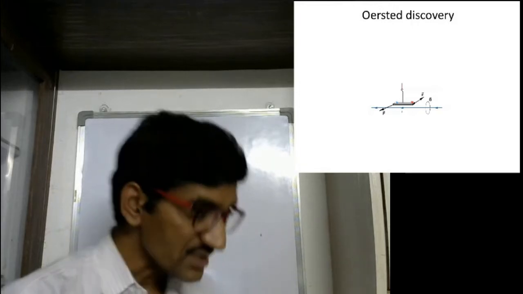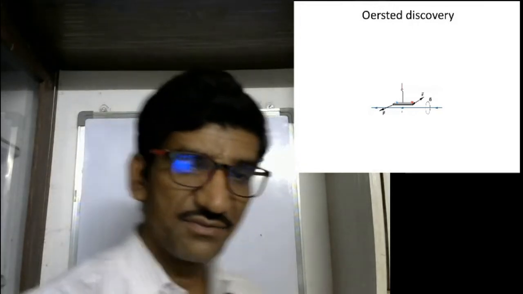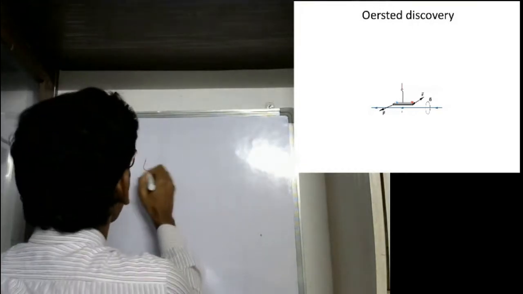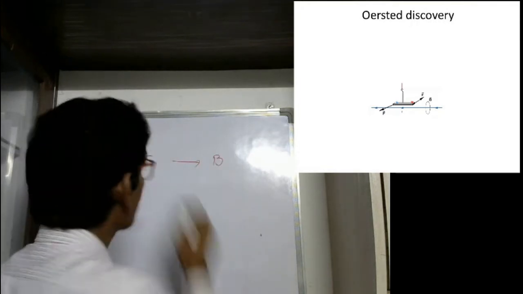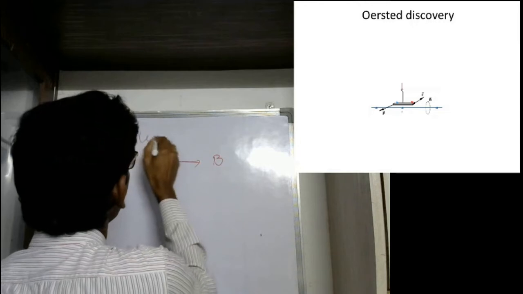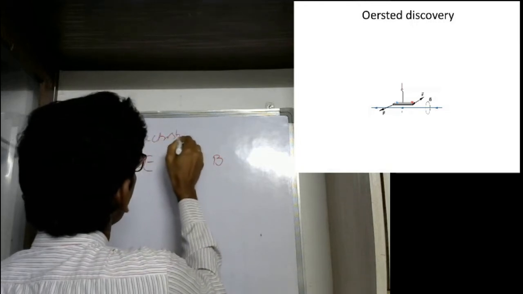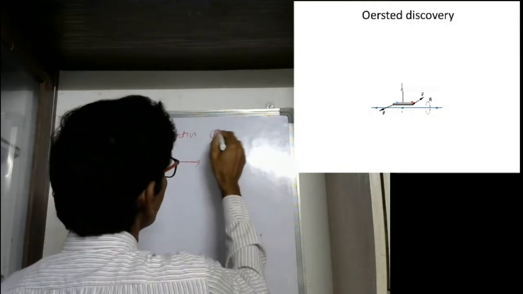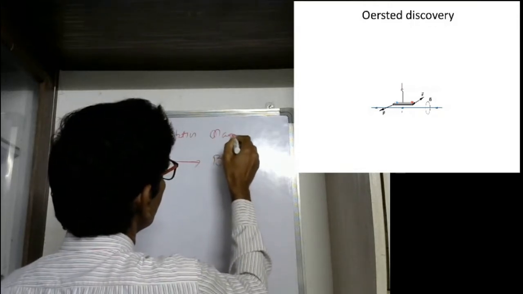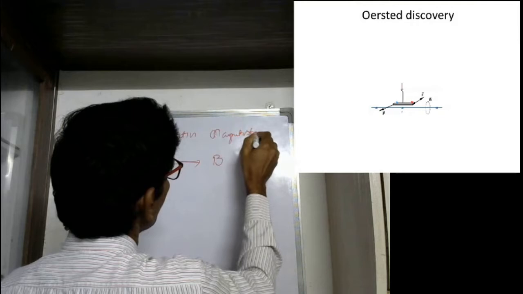Now, see, instead of electric field, you have magnetic field. This is electrostatics. This is magnetostatics.